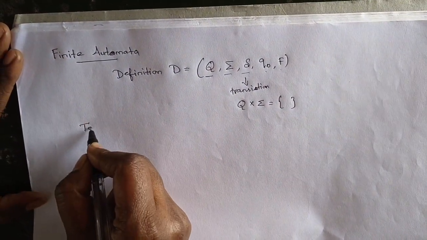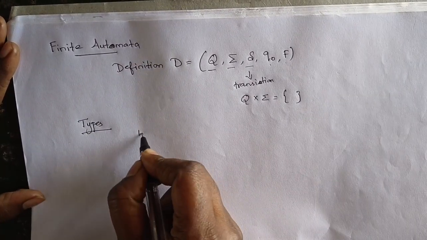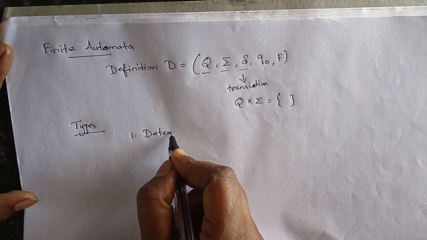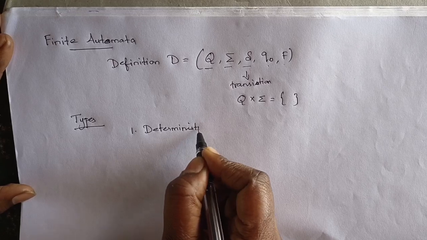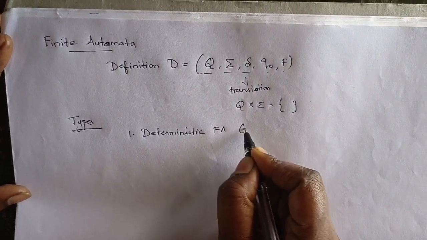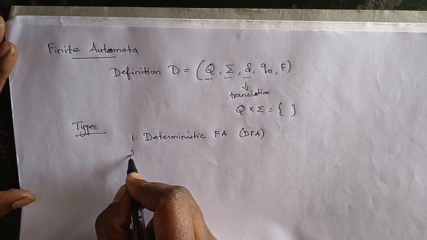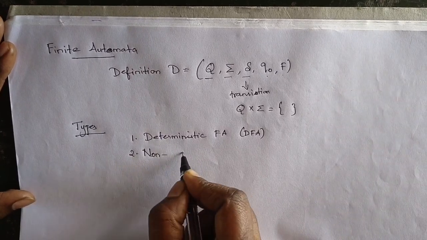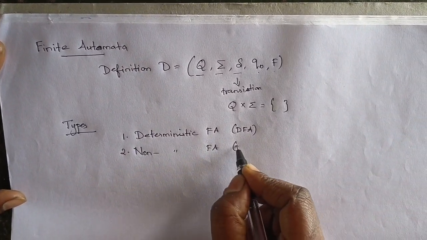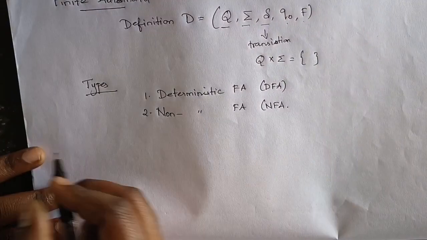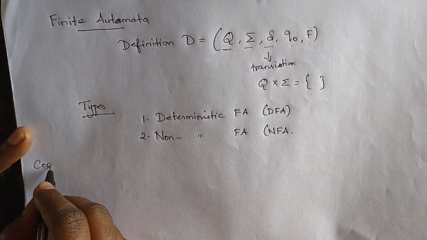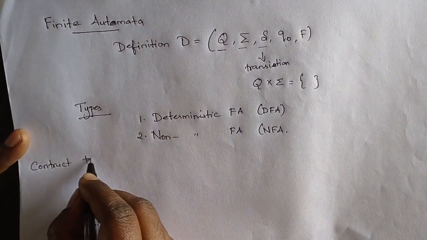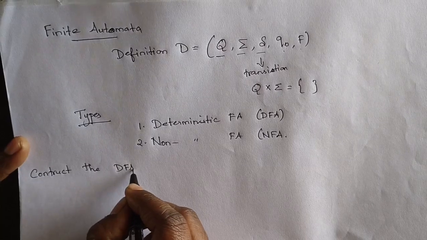There are two types of finite automata. One is deterministic finite automata, that is DFA. Another one is non-deterministic finite automata, that is NFA. So here we are going to see how to construct the deterministic finite automata.